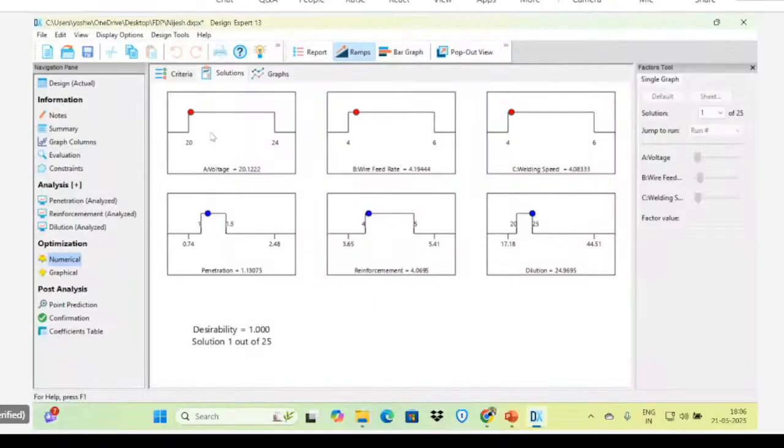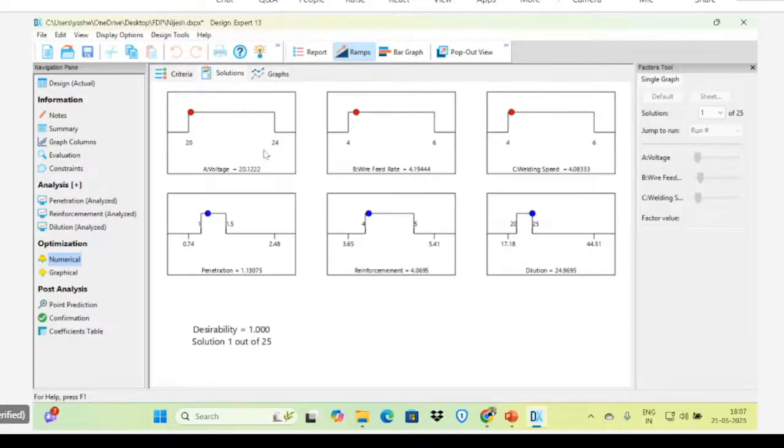The optimum result the software is giving is voltage 20.122, wire feed rate 4.19, and welding speed 4.08. So these are the optimized input parameters that we have to consider while making an optimum weld bead.